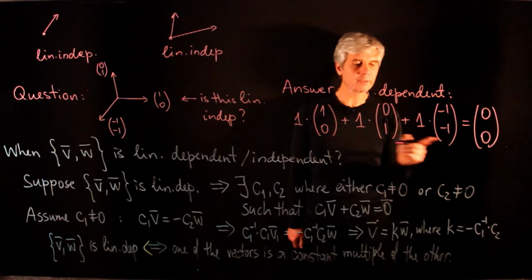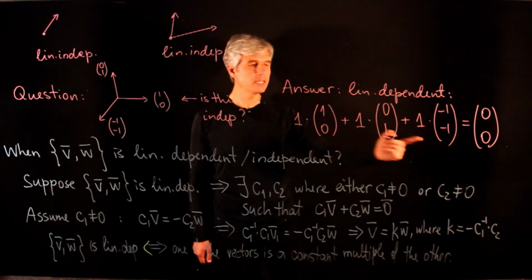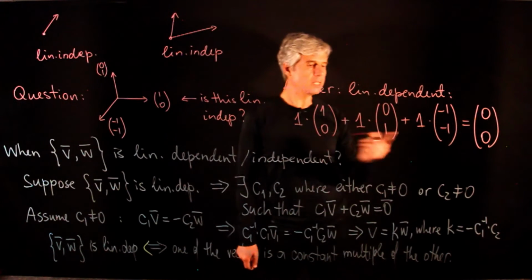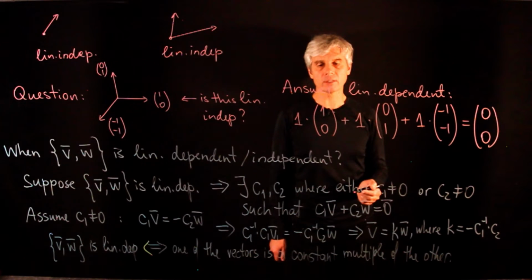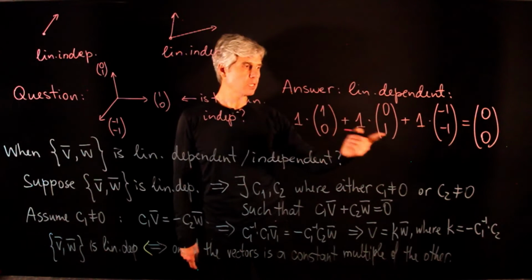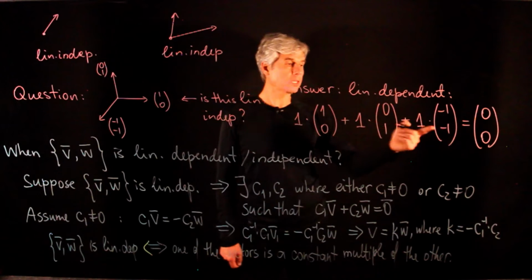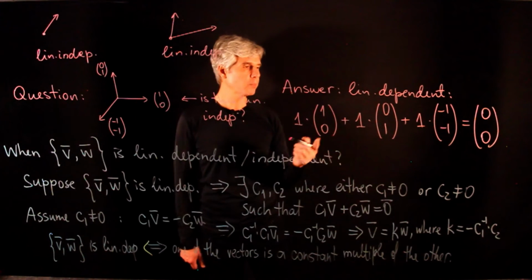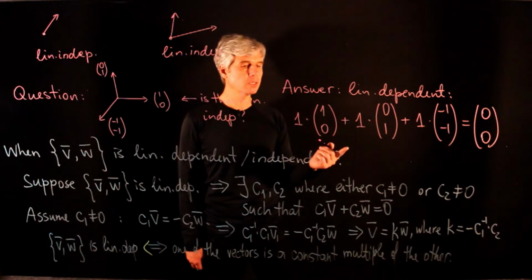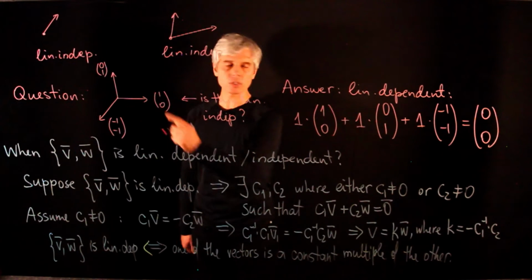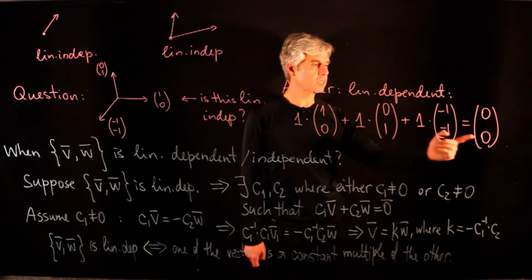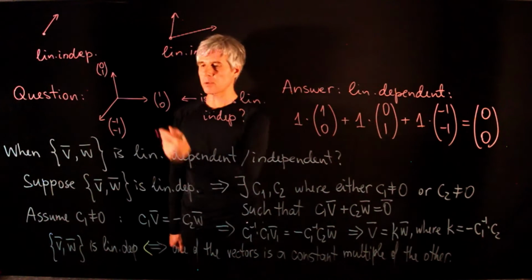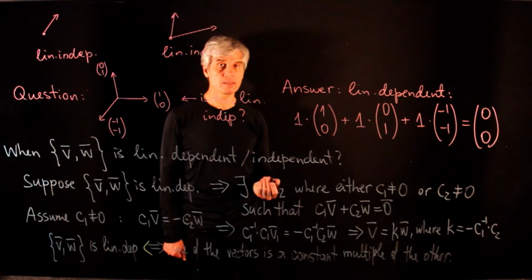So on the left, we have a linear combination of these three vectors, and this linear combination is equal to a 0 vector. And this linear combination is non-trivial, because not all coefficients are equal to 0. So this means that we were able to construct a non-trivial linear combination of these three vectors that is equal to a 0 vector. So the conclusion is that this set of three vectors is linearly dependent.